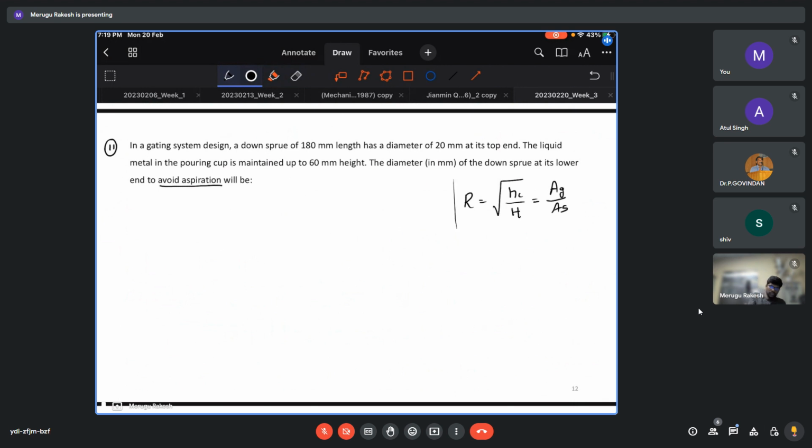So this is the condition for the aspiration effect, and we have everything here.